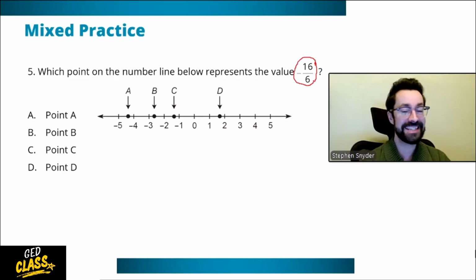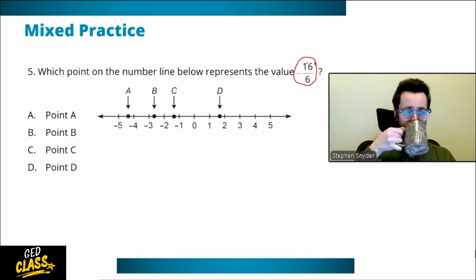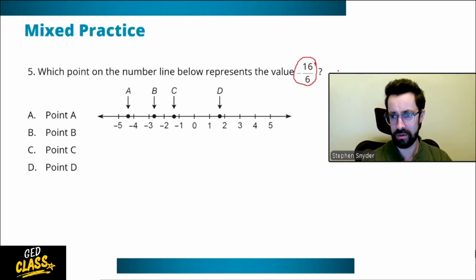How many times does 6 go into 16, y'all? How many 6s can I fit in the number 16? Yes, I can fit 2 6s in there. So, okay, it's still going to be negative, but 2. And then, how many will I have left over? If I put 2 6s in there, how many do I have left over?